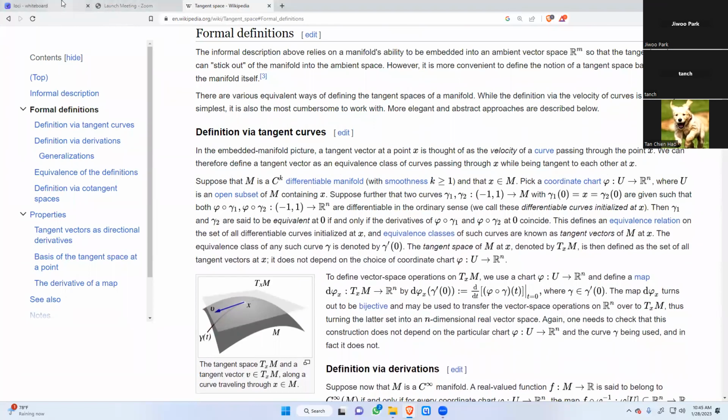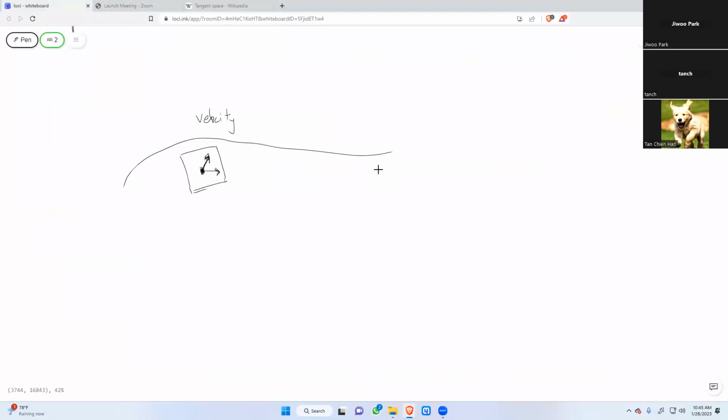So currently, when we have a differentiable manifold, we can only define functions from that manifold M onto the real numbers. It takes a point P on the manifold and maps it to a real number f(P).